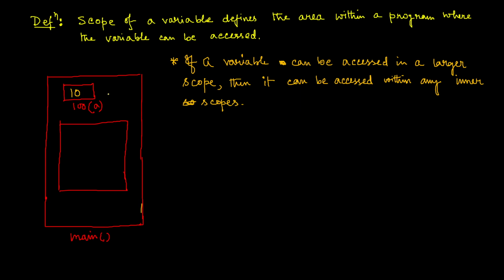Since A is accessed in the larger scope, A is accessed in the inner scope also. But vice versa is not true. That means if a variable is accessed in a smaller scope, it is not definitely accessed in the larger scope.